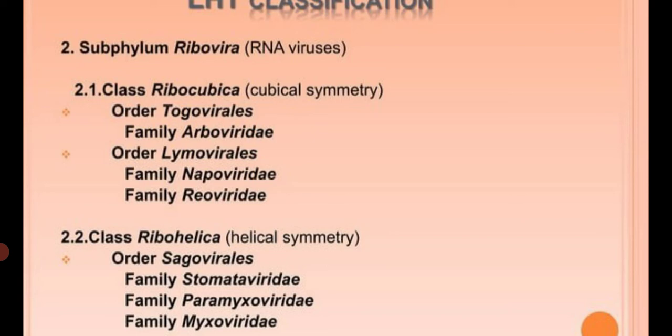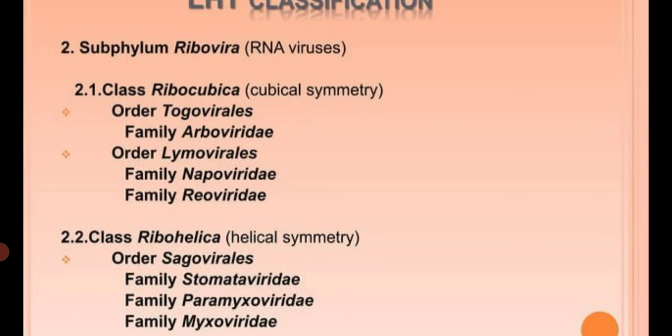The Ribocubica viruses have a cubical symmetry or an icosahedral symmetry. It is with two orders, Togavirales and Limovirales. The Togavirales have one family Arboviridae, whereas the Limovirales order is with two families, Nepoviridae and Rivoviridae.